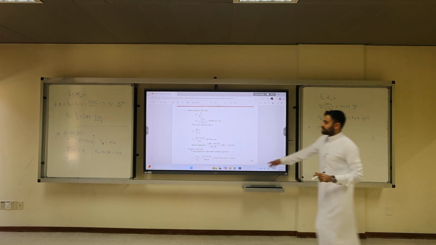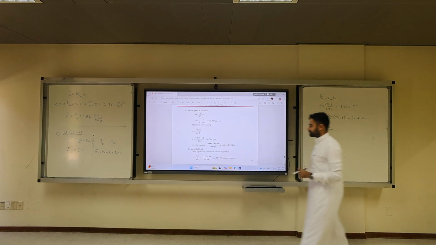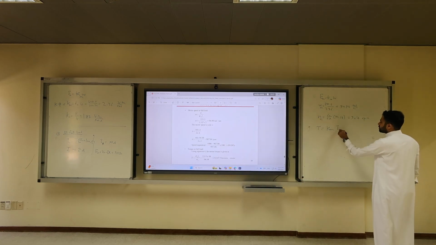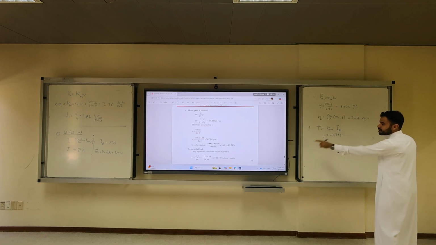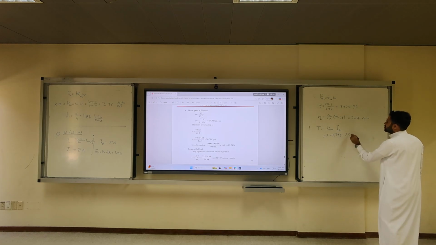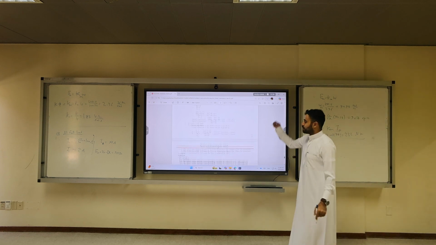Km, we already calculated it here. 225 over 94 is Km, times the IA. This is one of the equations. If you do 98 times 2 point something, you should get the torque to be 232 Newton meters. And that finishes problem 1.